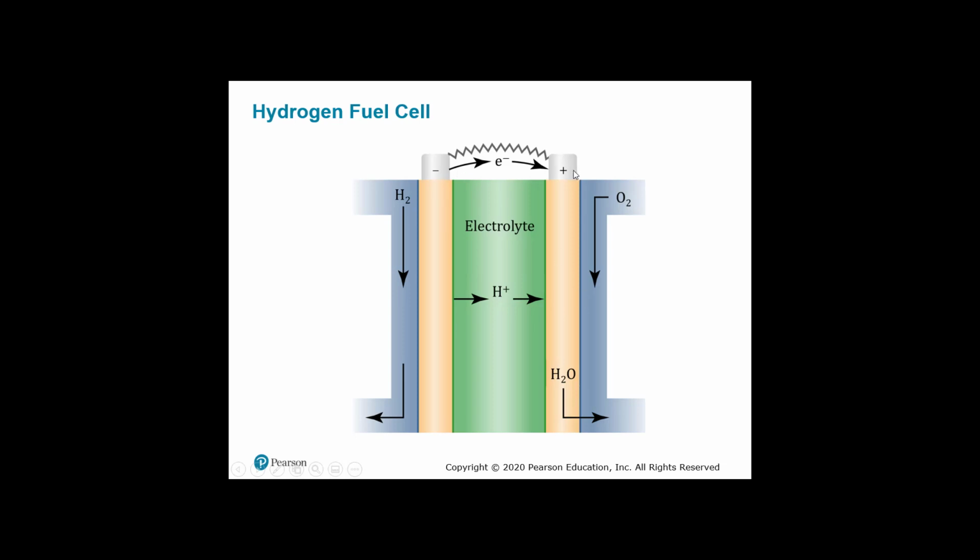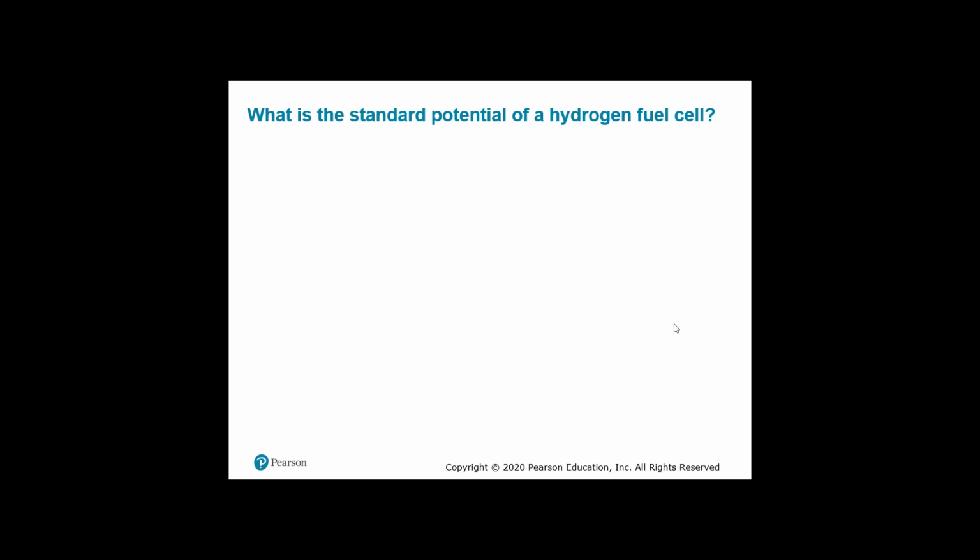The ions go across the electrolyte, the electrons go through the external circuit, and this comes into contact with oxygen, and water is produced, since the oxygen gas is reduced by the electrons from the hydrogen and forms water, and then the water is given an output to be released. Hopefully that makes sense here.